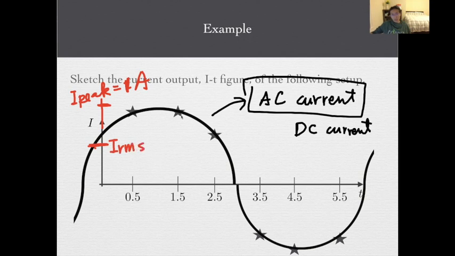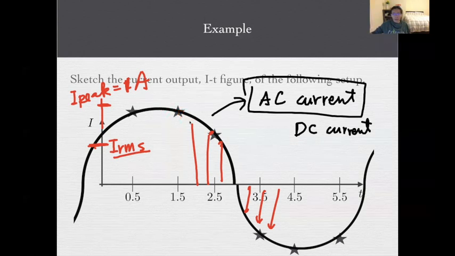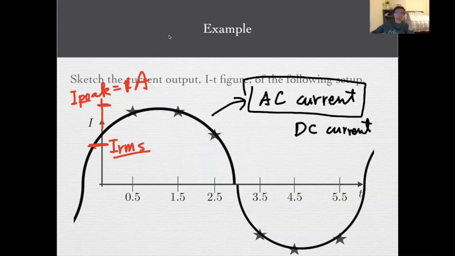Root mean square means taking all the current values here, squaring them, adding them up, and then taking a square root. So this number will always be positive. It will somewhat tell you the average of data which has both positive and negative.